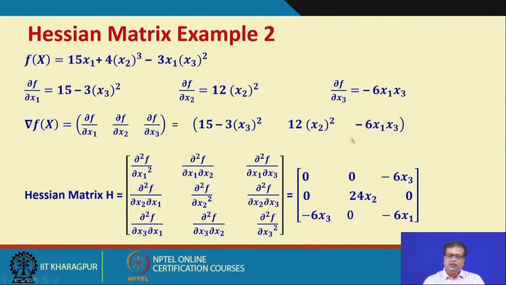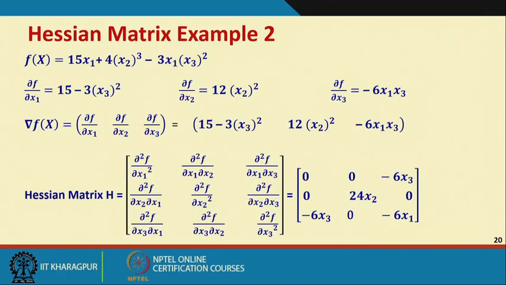Similarly, the third term minus 6 x 1 x 3 is del f del x 3. If you differentiate it again with respect to del x 3, you will get minus 6 x 1, right. So, the rest of the terms are 0. Let us see only this term. This term is del x 3 of del f del x 1. Del f del x 1 is this. If you take del x 3, the first term gets nothing, the second term gets minus 6 x 3. Right. So, I hope you have now understood how to obtain the Hessian matrix.